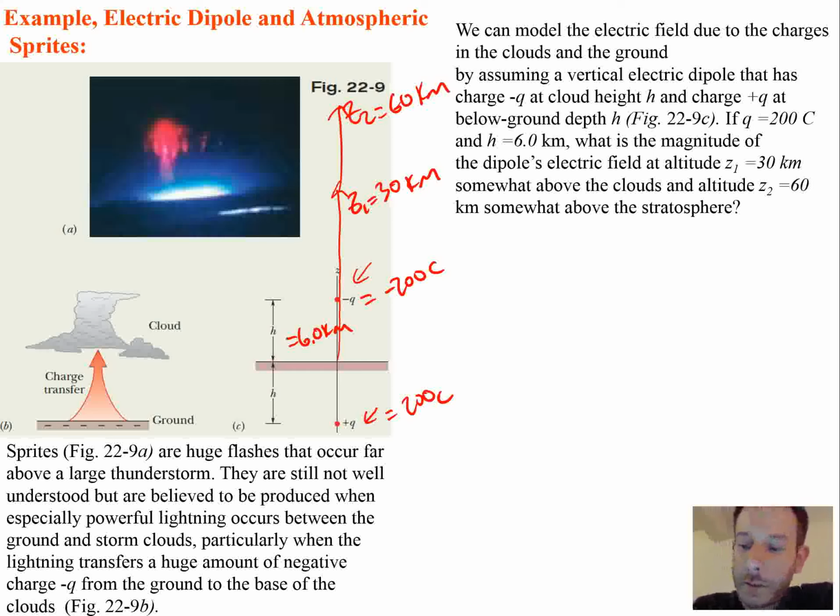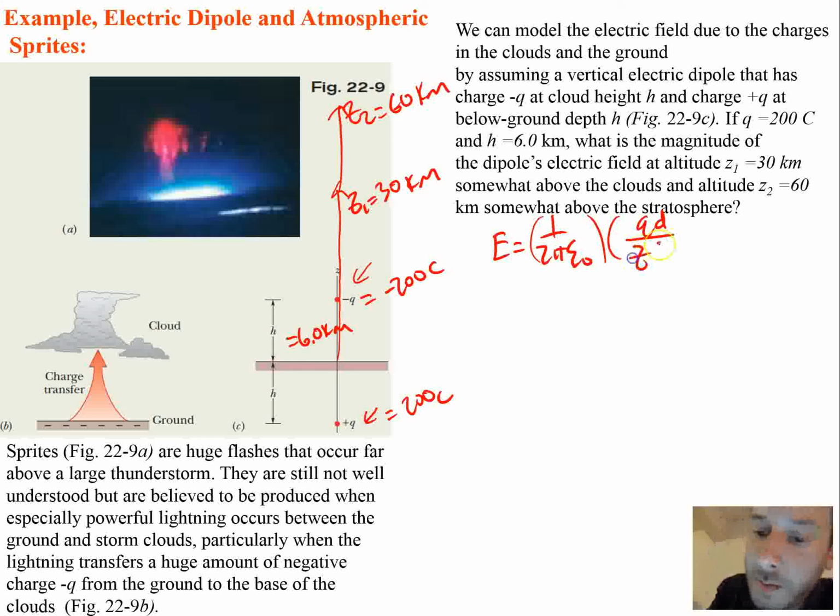What is the electric field going to be? All right. Well, let's go and start with our equation. So, the electric field due to a dipole is 1 over 2 pi epsilon naught multiplied by our dipole moment divided by z cubed.